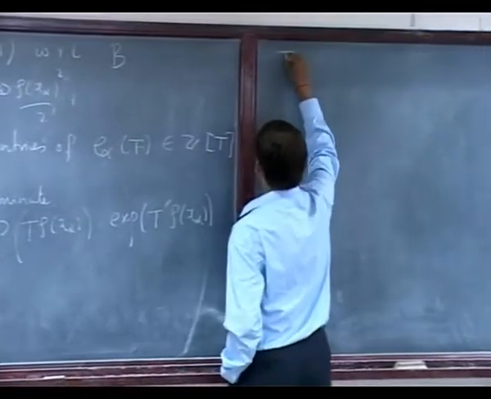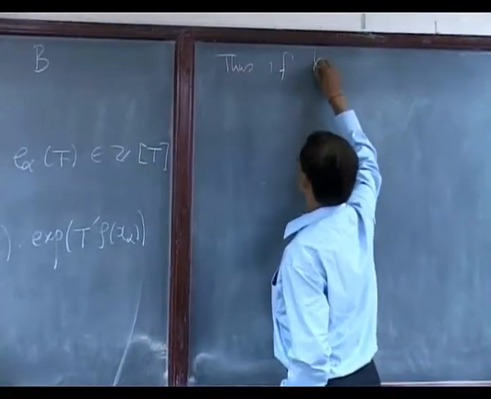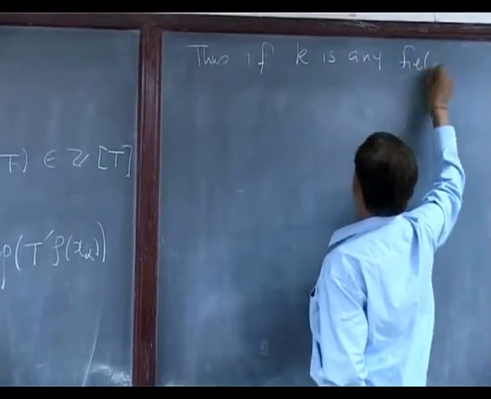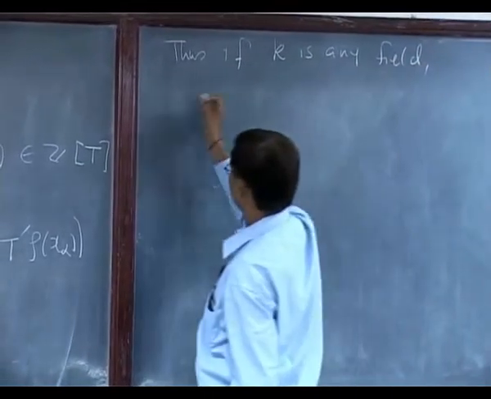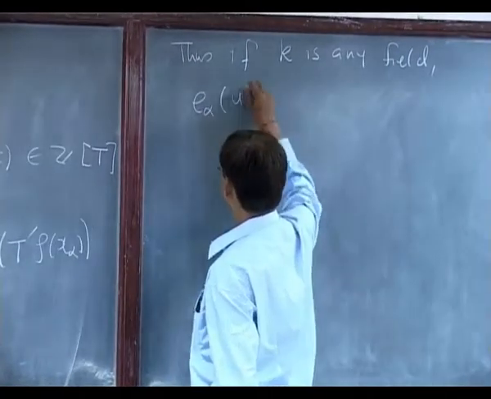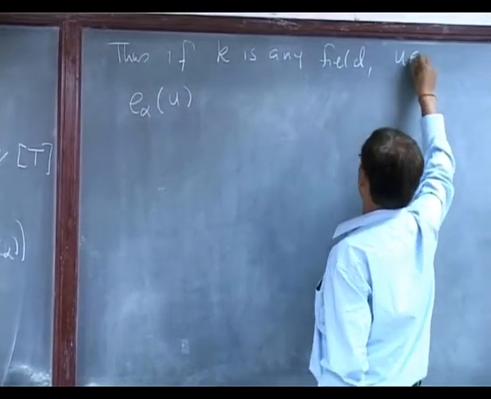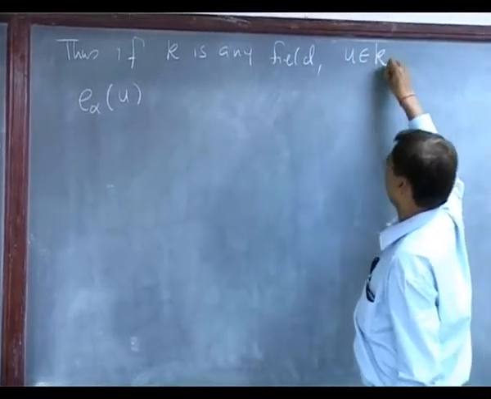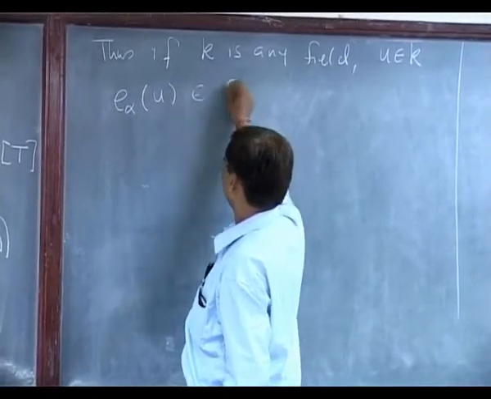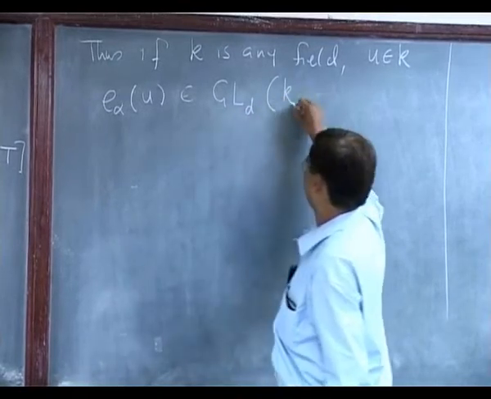So, thus if K is any field, then what you have is E_alpha(u), and if u is inside K, then this is a matrix inside GL_d(K).